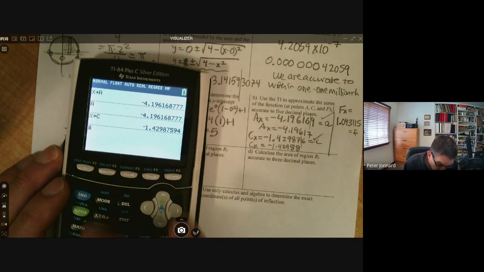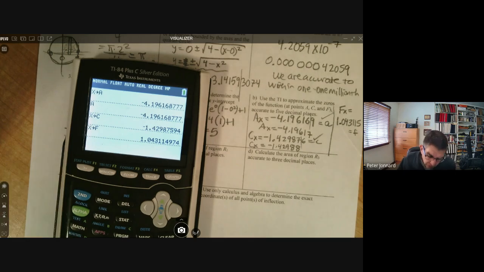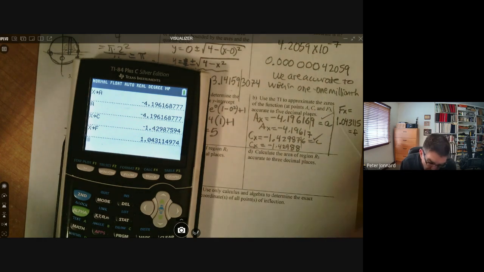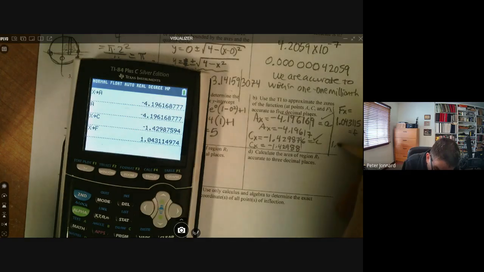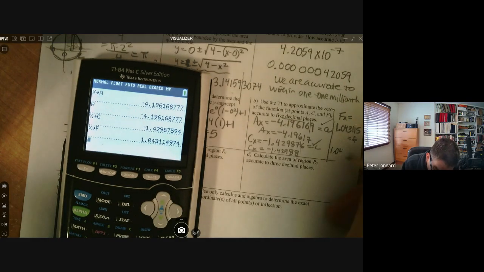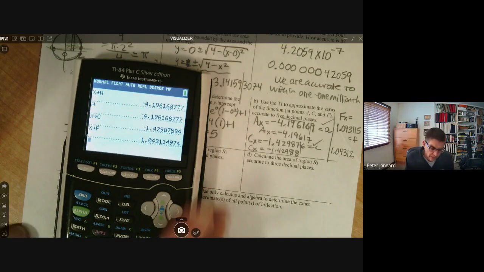Keep that X value in mind and store that into alpha F. So I have it. And I want to write down, because the directions said 5 decimal places, give them 5 decimal places. 1.043, and then 1, 2. All right, 1, 2, 3, 4, 5. The 5 tells you to round up. There we go. Okay. All right.